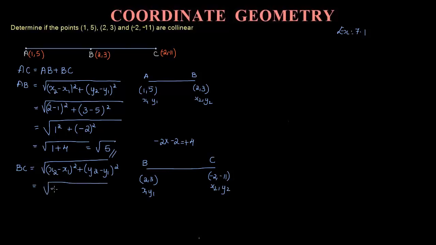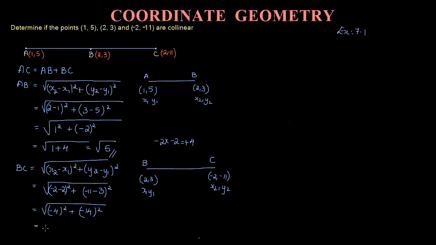x2 is minus 2 minus of this 2, the whole square, plus y2 is minus 11 minus this 3, right? Then how much are you going to get? Minus 2 minus 2 is nothing but minus 4 whole square plus minus 11 minus 3 is nothing but minus 14, right?